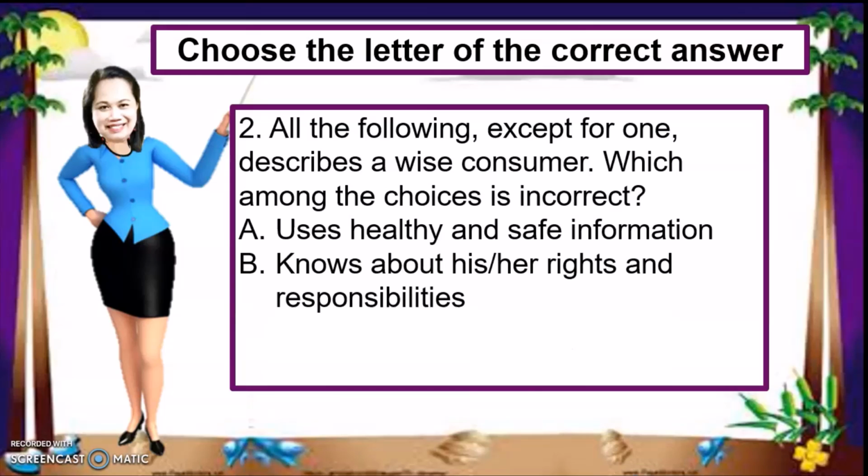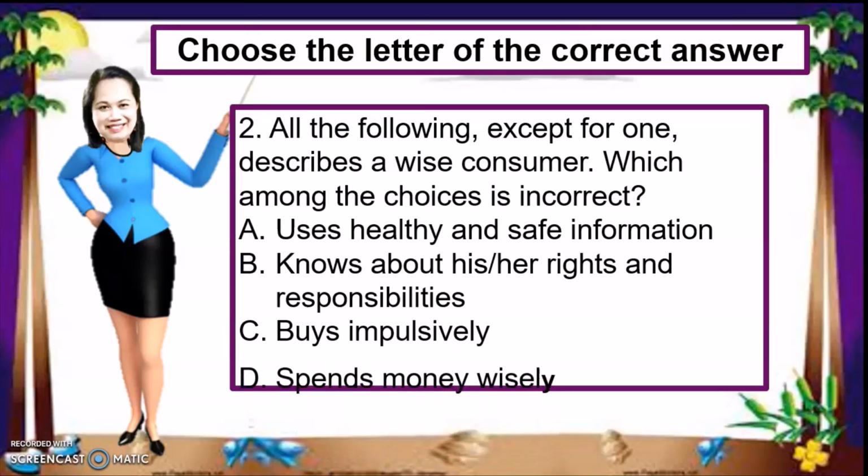B, knows about his or her rights and responsibilities. C, buys impulsively. And D, spends money wisely. Okay, choose the letter of the correct answer. What is incorrect there?